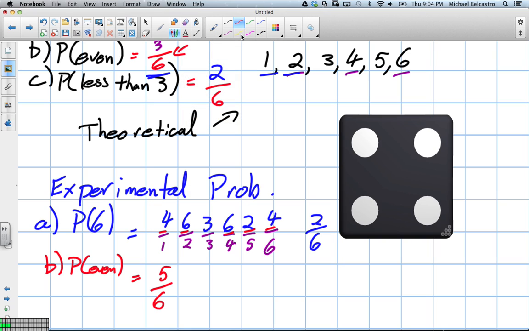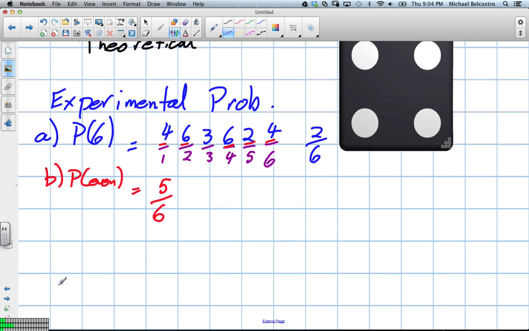And finally, less than 3. I'm going to write it with a less than sign. How many times did we get less than 3?